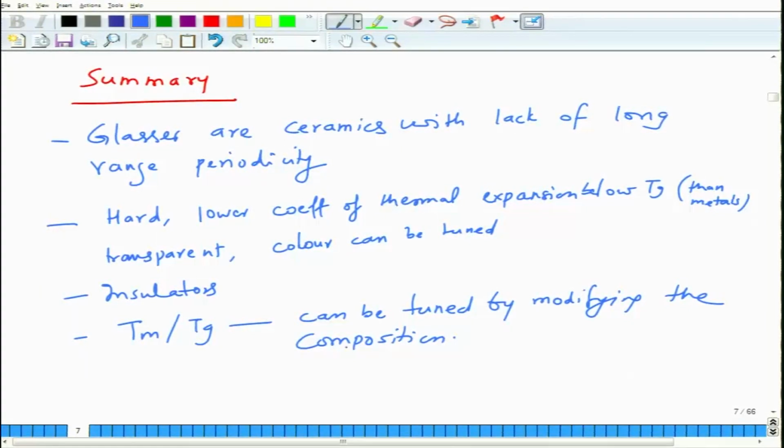The elements that you add are called glass modifiers, such as sodium, calcium, boron. You can see that typically the elements that you are putting have valence lower than that of silicon. Okay.